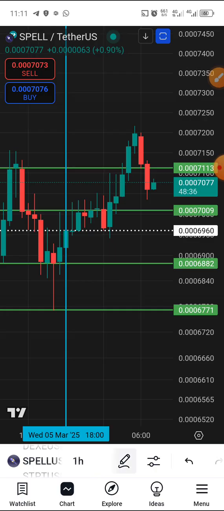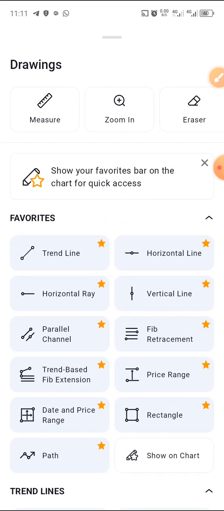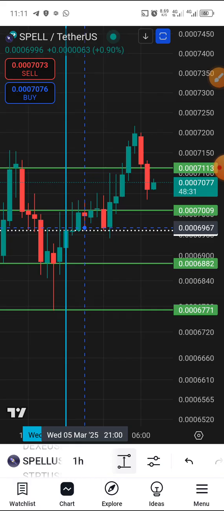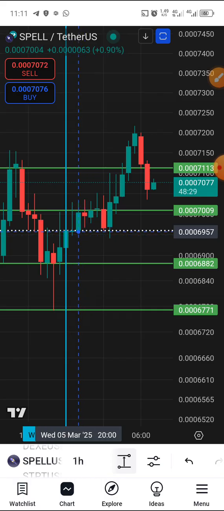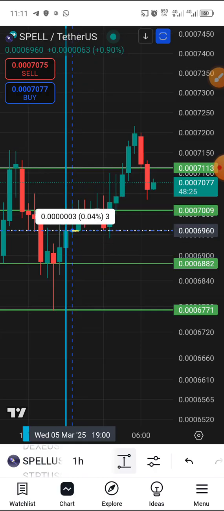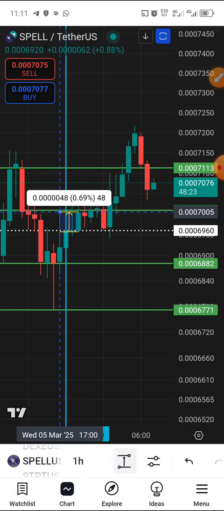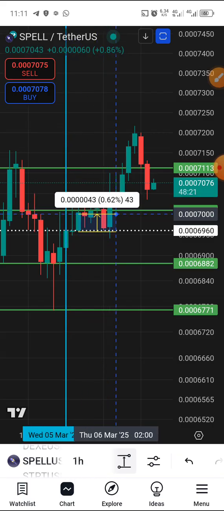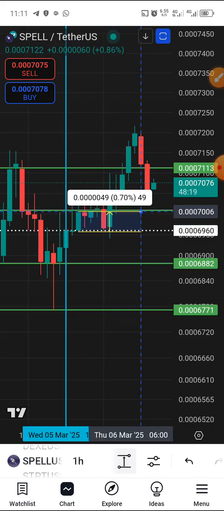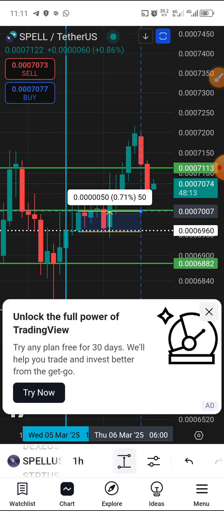So you can bring your price range from that point to your resistance. Right? And it is 0.7%.